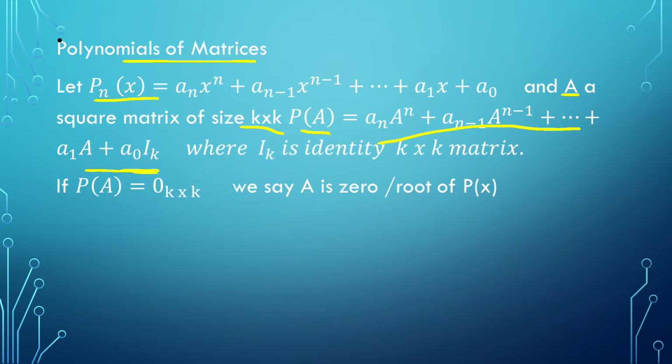So I_k is the identity matrix, which is a k by k matrix. If p(A) is 0, it implies that the matrix A is a root of the polynomial.